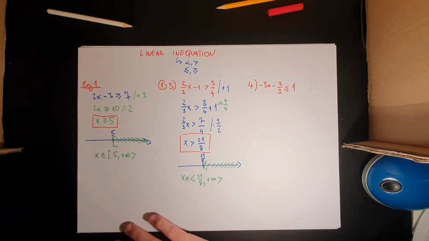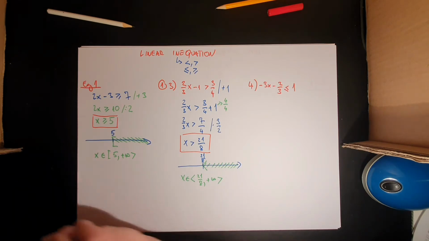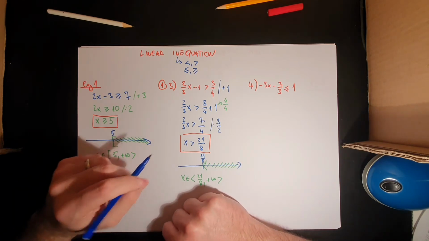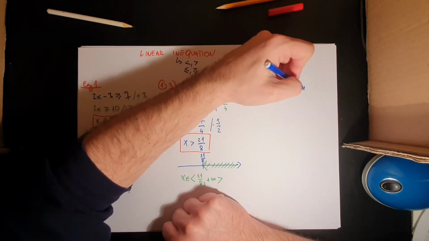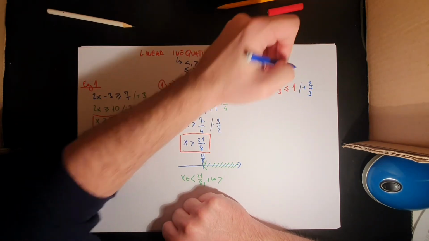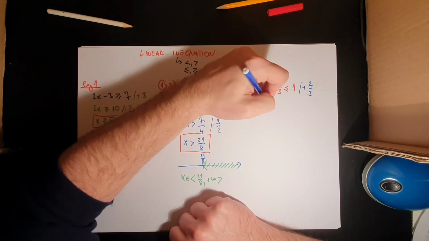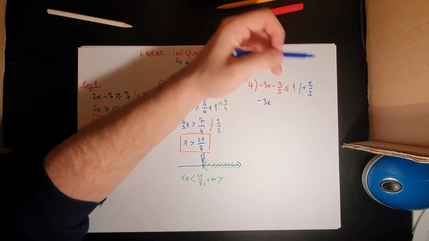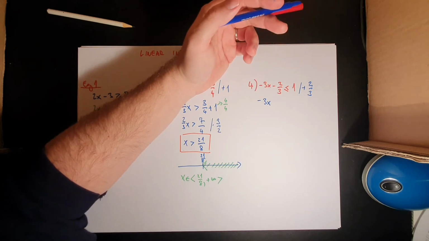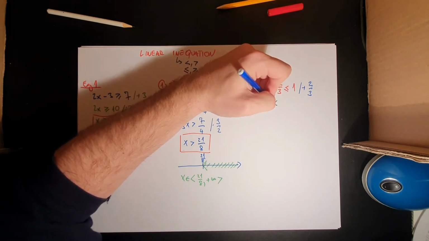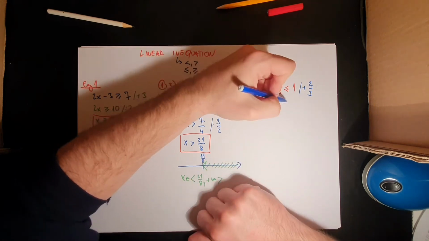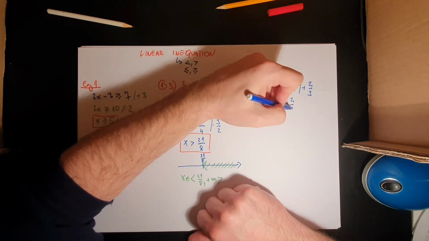So what I'm going to do here, similar to the last task, is unknowns on one side, knowns on the other side. So what I have to do at the beginning is add 2 over 3 to both sides. On the left side, we're going to be left with minus 3x. Minus 2 over 3 plus 2 over 3 are going to cancel each other out. So this is the left side. The right side is going to be 1 plus 2 over 3.